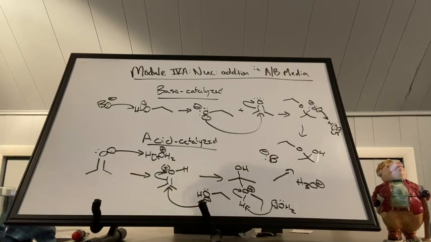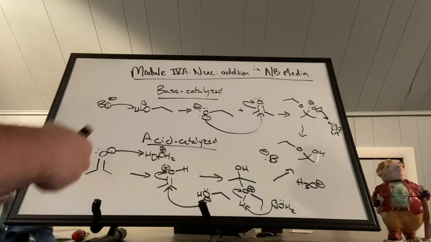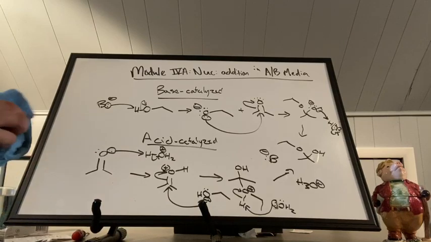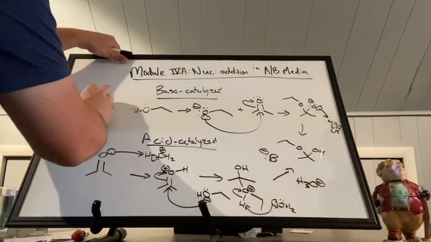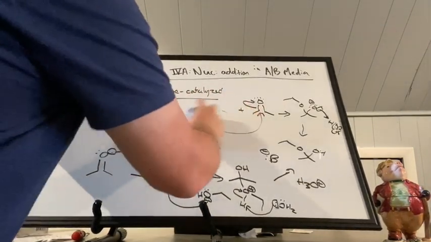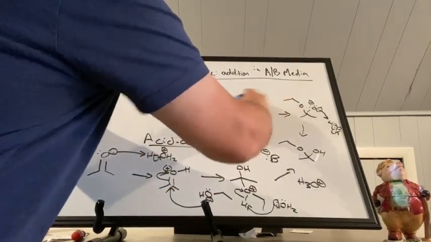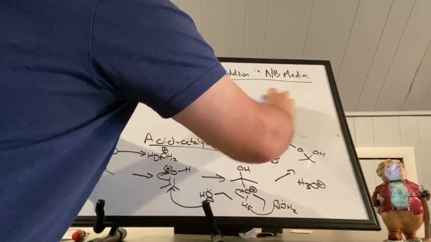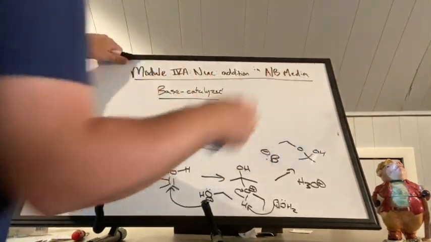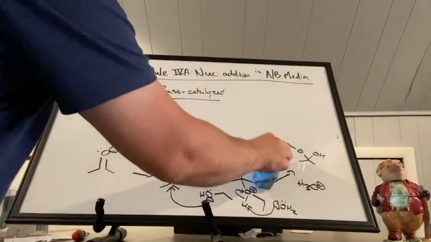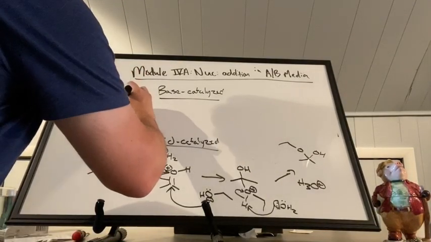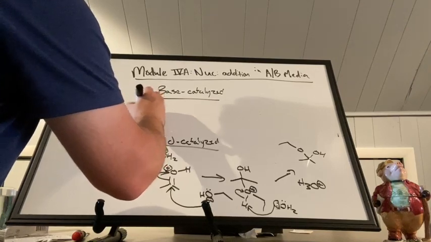Now what you've seen before, at least in the previous submodule that I went over with you, is base catalyzed, in particular cyanohydrin formation. Okay, so that's going to require a base because that hydrogen, about hydrogen cyanide, is going to be in the way of that carbon being nucleophilic.